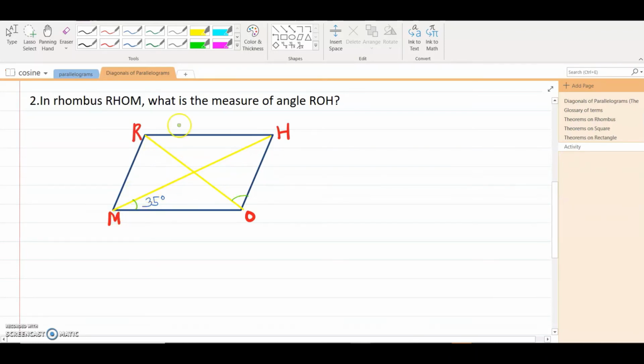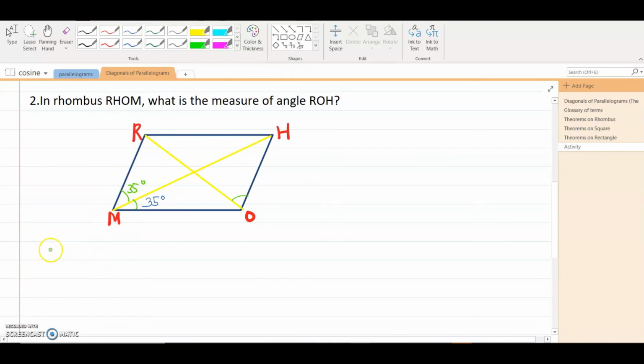So since we already know the properties of a rhombus, if this particular angle is 35, and we know that the diagonals of a rhombus bisect the opposite angles, then if this is 35, this particular angle is also 35 degrees.